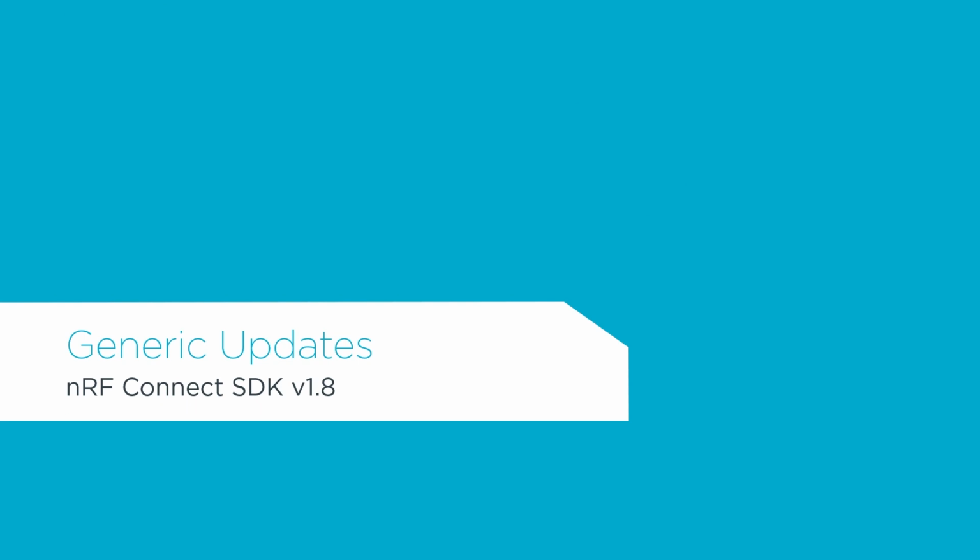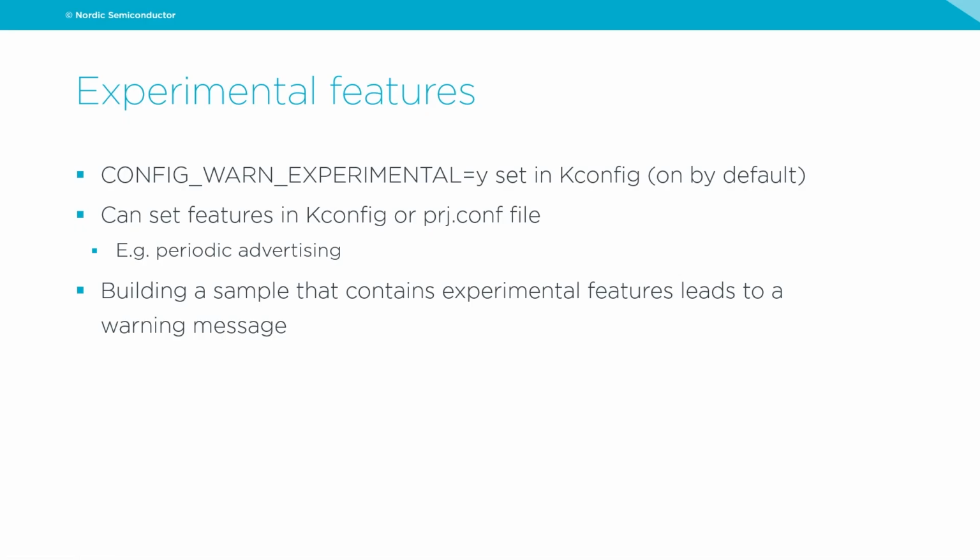So now I'll talk quickly about some of the generic updates in nRF Connect SDK version 1.8. We have this experimental feature. If you set CONFIG_WARN_EXPERIMENTAL equal to y in Kconfig, it's on by default, then you can set features in Kconfig or the project config file.